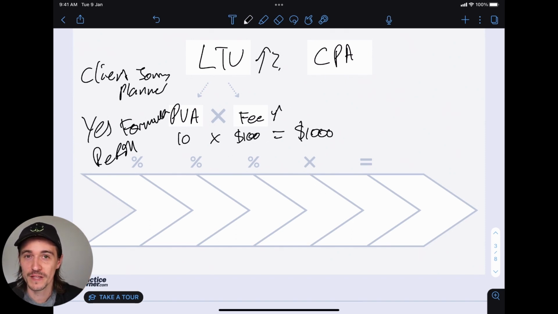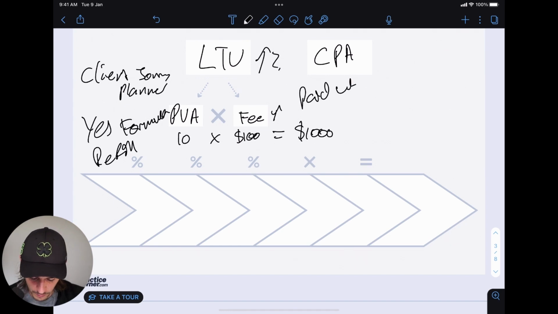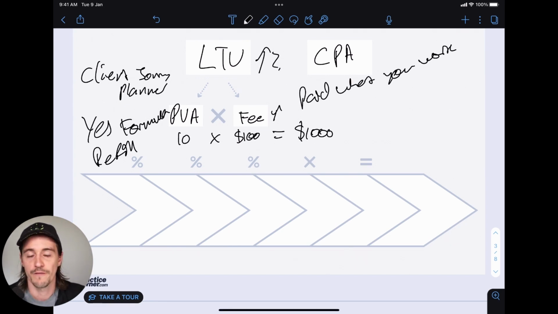If you're not confident with that, you don't know how to do it, or you just want our help with that, I want you to go through the paid what you're worth framework. It will help you with raising your fees, not losing clients, so you can make more money per client and have more resources to invest in your business.